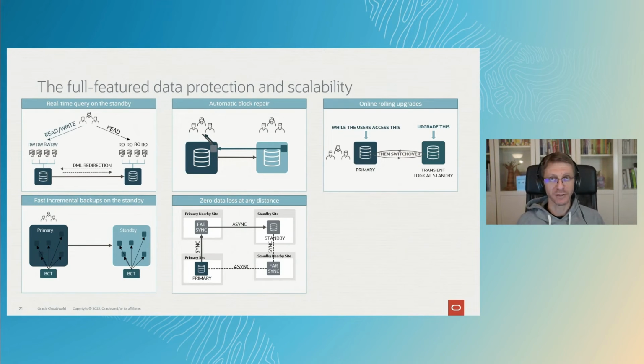And you can use, for example, FarSync, also in Active Data Guard. FarSync is a technology that allows you to have synchronous protection, so zero data loss protection, for your primary database while your standby database is far away. So imagine that you have an inter-region standby database.